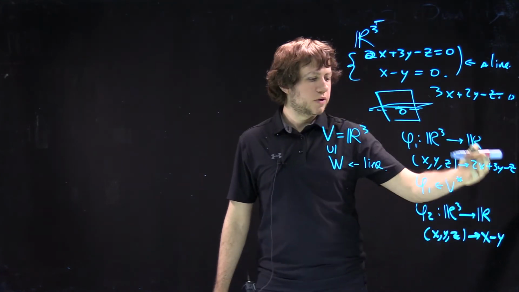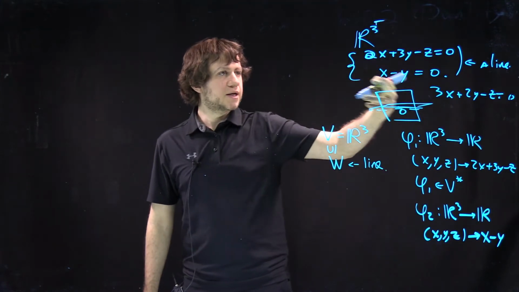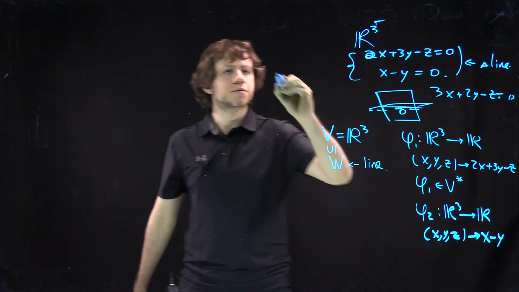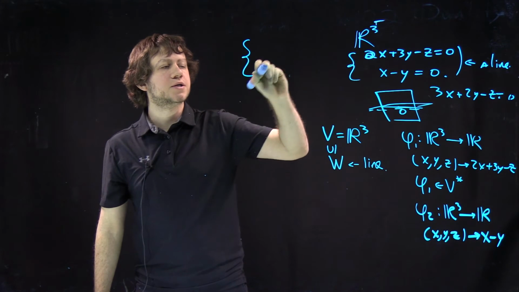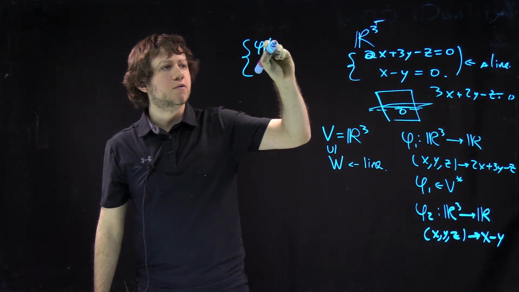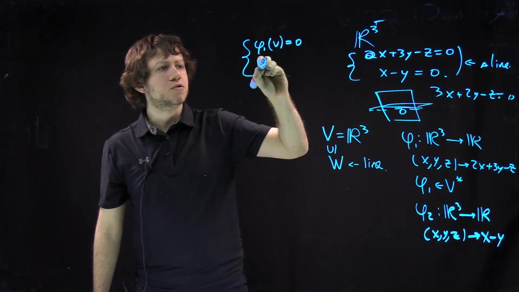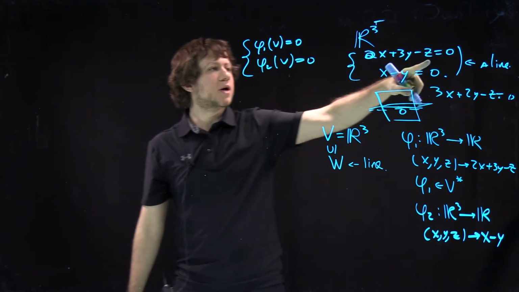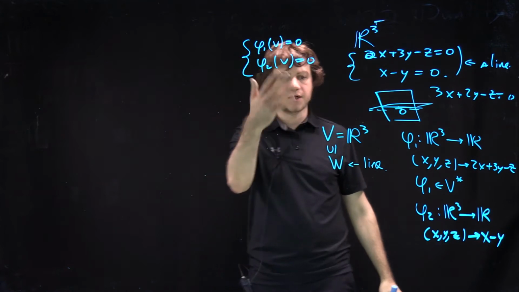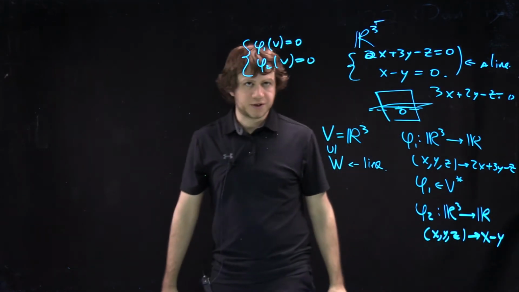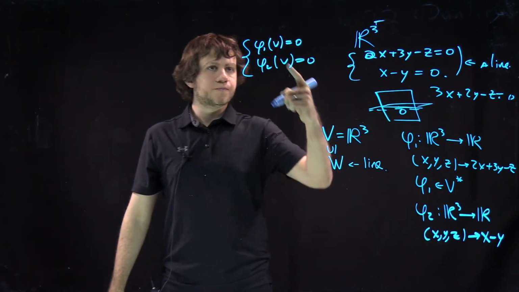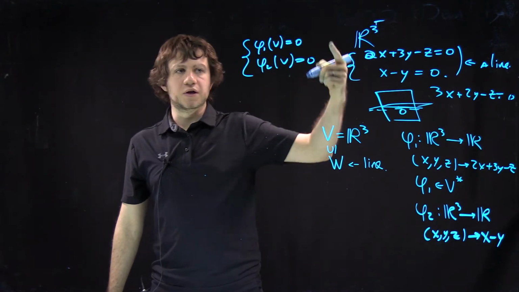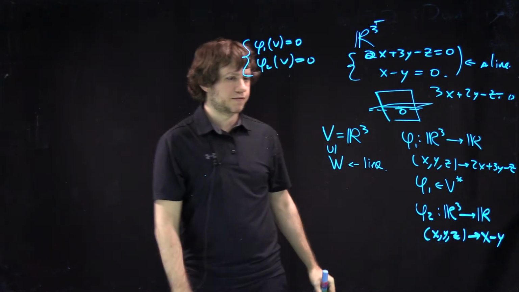And this is also a linear map, and basically what we have here, the system of equations, is saying that phi1 of v equal to 0, phi2 of v equal to 0, when we think of vectors x, y, z inside R3 as vectors. Perfect. So W is the space of solutions of this system of linear equations.